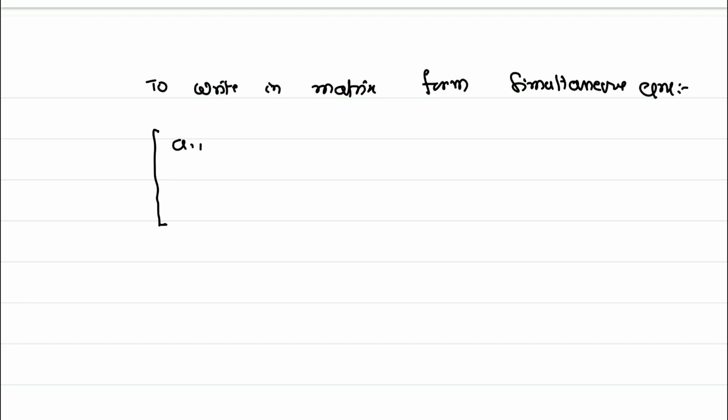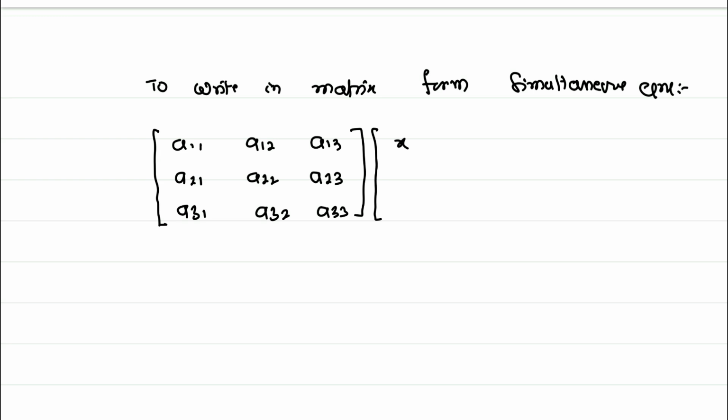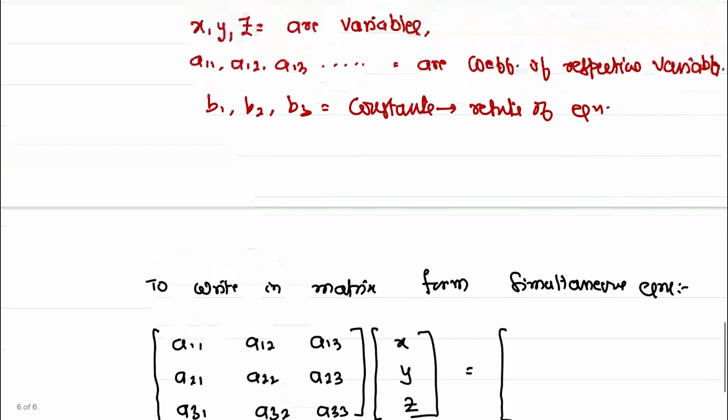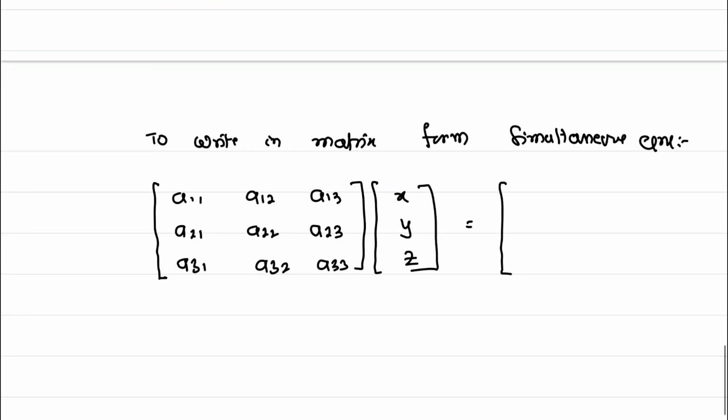This is a11, a12, a13, a21, a22, a23, a31, a32, a33, multiplied by x, y, z. You know the multiplication of matrices, that I have already explained, is equal to the constants, that is b1, b2, b3. Do you agree?